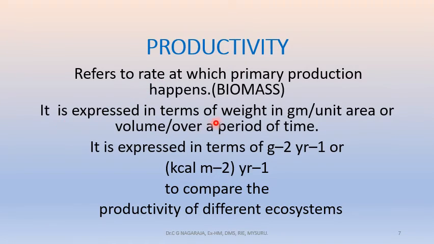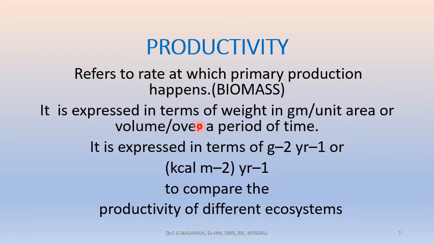It is expressed in terms of weight. Biomass is expressed in terms of weight, in gram per unit area, or it may be volume also, over a period of time. So two factors will decide the amount of biomass produced. Here we are not taking the important factors present in the green plant itself.